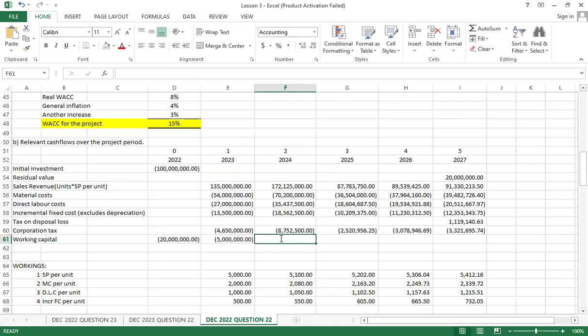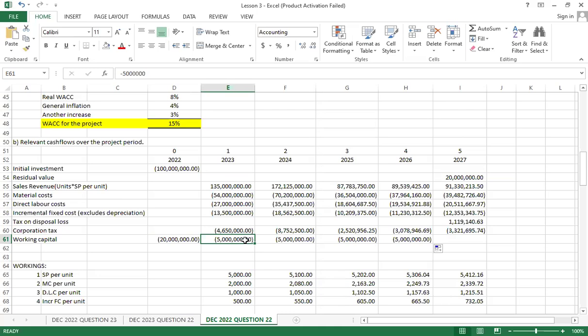The same increase of 5 million will apply in period 2, and also to periods 3 and 4. So initially they pay 20 million working capital, which I've said applies to period 0. In the periods which follow, we consider only those increments.